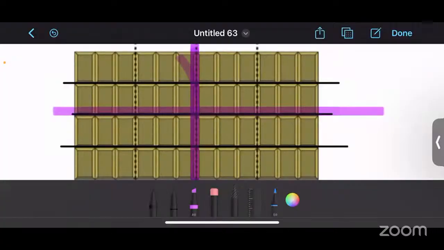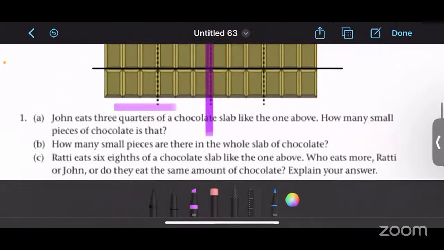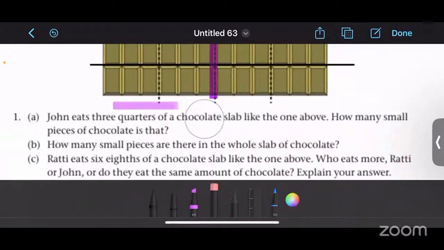Ma'am, how many what? You able to hear me? Yes, ma'am. How many small pieces of chocolate is that? So they're saying he eats 3/4 of the chocolate. Do you know what is a 3/4?